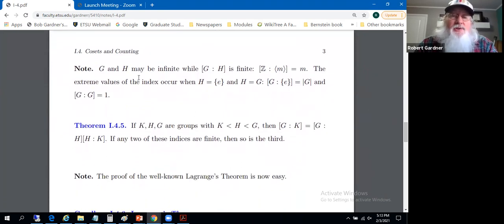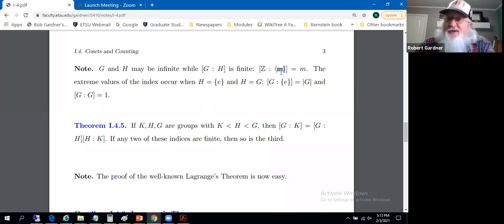G and H may be infinite, speaking of cardinalities, yet the index could be finite. Consider the integers, and let's take the subgroup generated by m, where m is anything other than 0, so don't use a trivial subgroup. Remember, all subgroups of the integers were of the form the group generated by m, where m was the smallest positive integer in that subgroup.